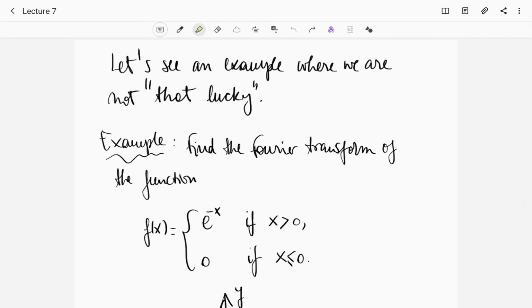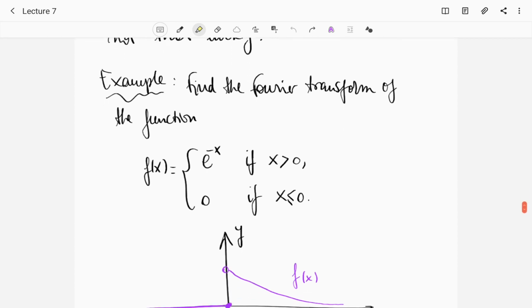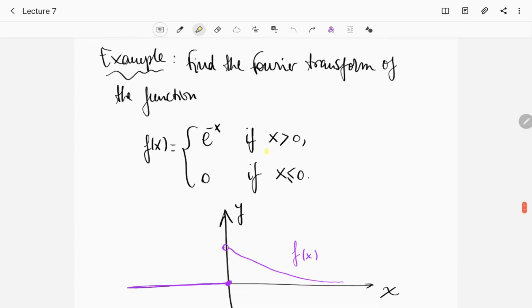Again, we need to find the Fourier transform of this function, but now we have some intervals here, but they are not bounded like the previous one, minus a, because now our intervals are unbounded, like from 0 to infinity and from minus infinity to 0.